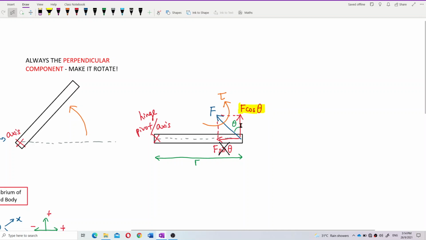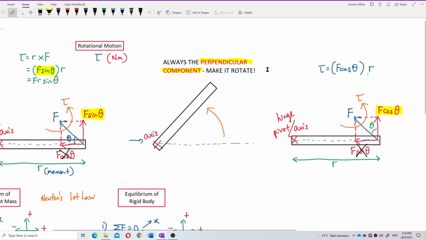When the theta is not in between F and R, we just look for the perpendicular component, which is still the concept that the perpendicular component makes it rotate. So the formula becomes the perpendicular component F cos theta multiplied by the R.